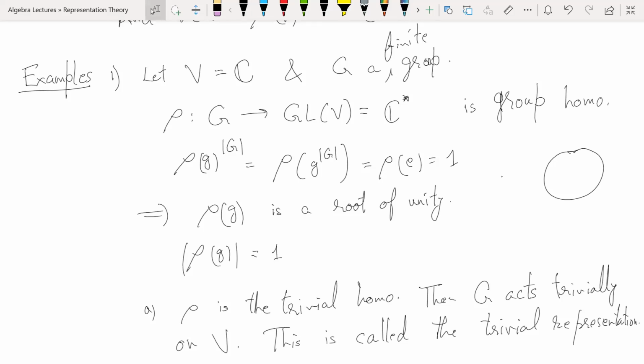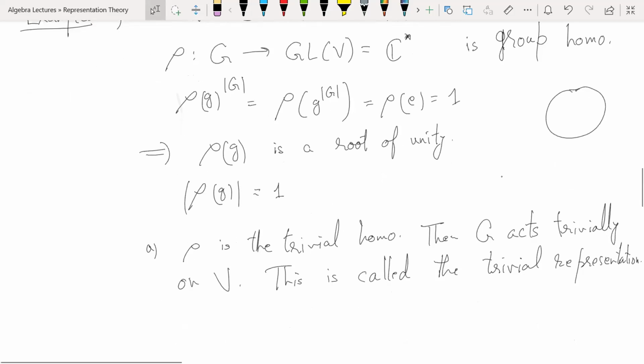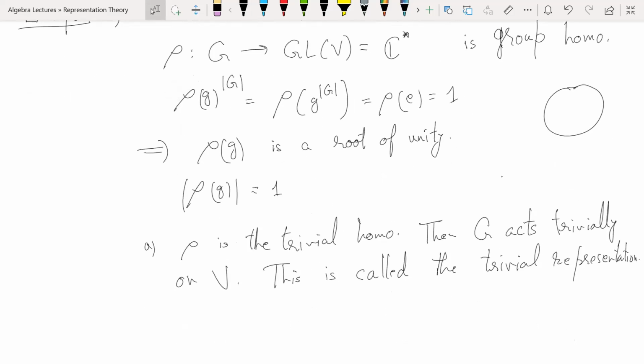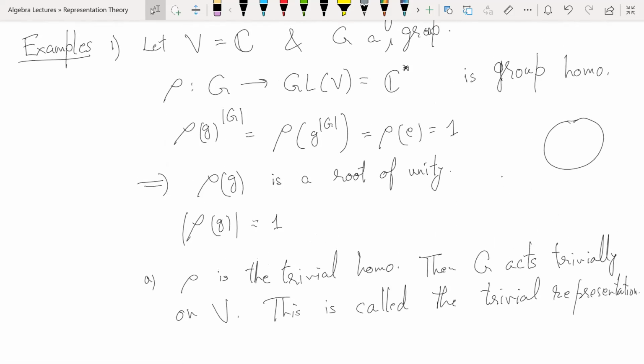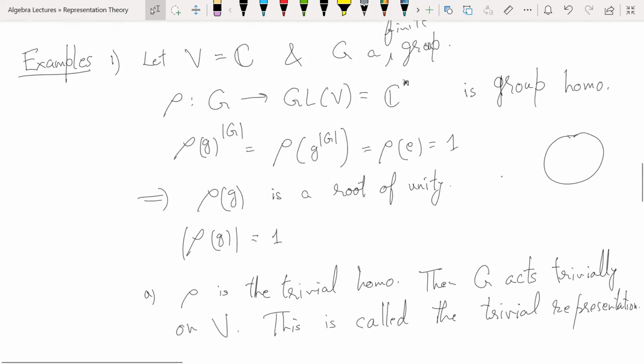When G is an abelian group, we'll see that these one-dimensional representations more or less determine all representations of G. But when G is non-abelian, then of course you can get something more complicated. Now maybe I should give you some more examples.